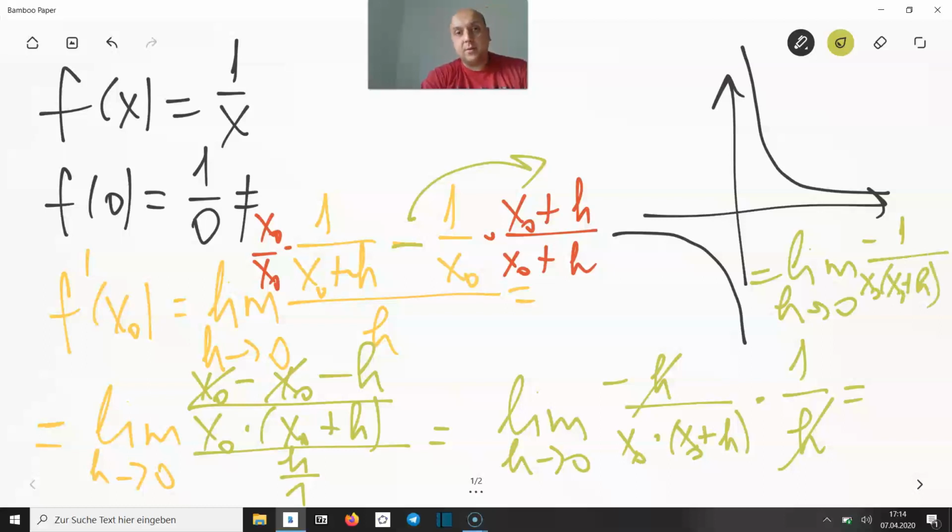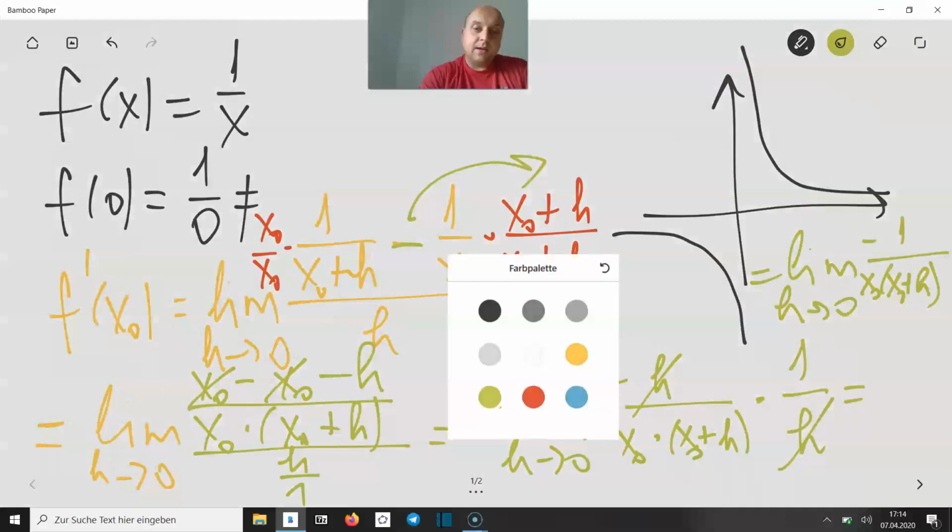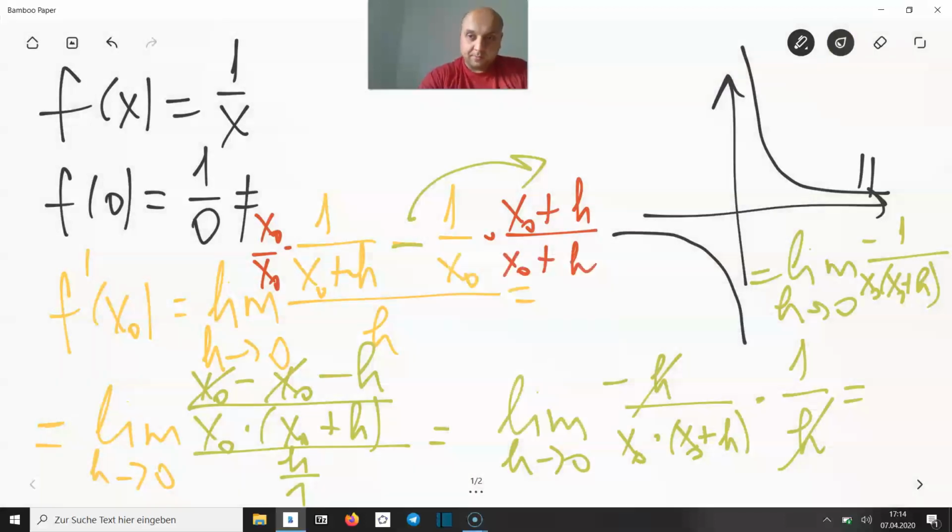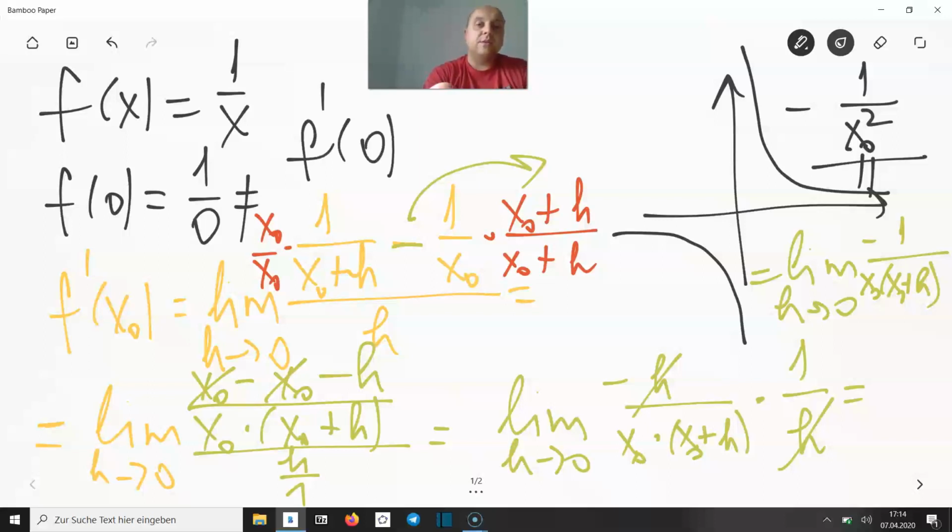And if h is now infinitely small, we have no trouble letting it be 0, and the outcome would be minus 1 divided over x0 squared. So our assumption was correct. The function isn't defined at 0, and it's not possible to produce a value of the derivative of this function at 0 either, because we would be dividing by 0 squared.